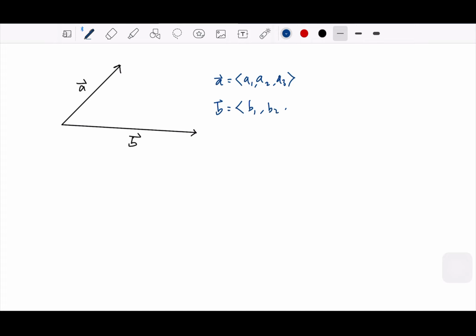Imagine it has some numbers and some directions. Suppose there is a vector C, and vector C is perpendicular to A and B.